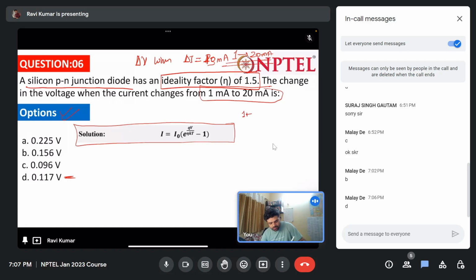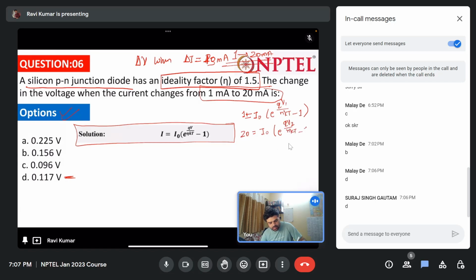So just put 1 equals I naught exponential of Q V1 divided by NKT minus 1. And then write 20 equals I naught exponential of Q V2 divided by NKT minus 1.